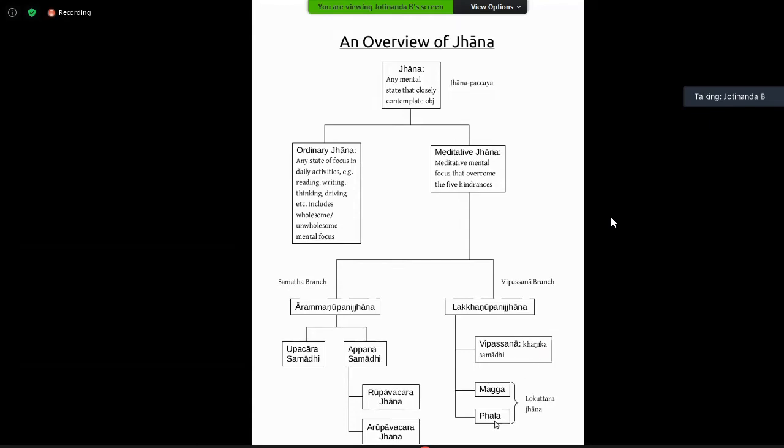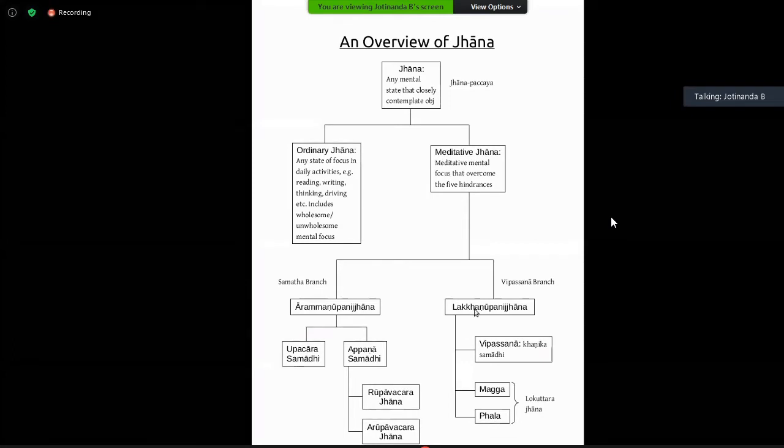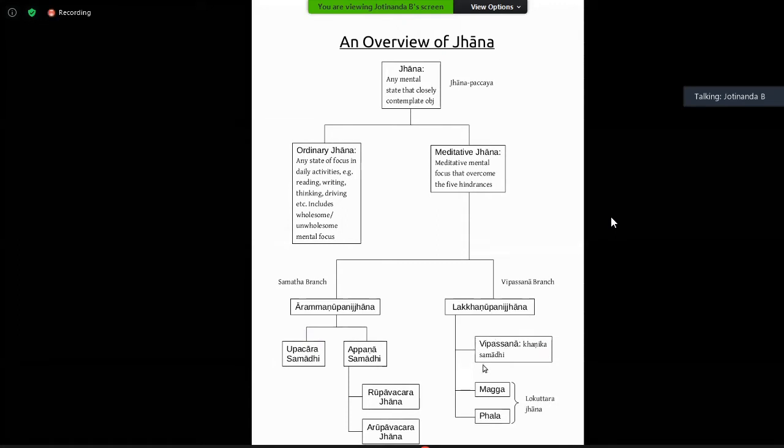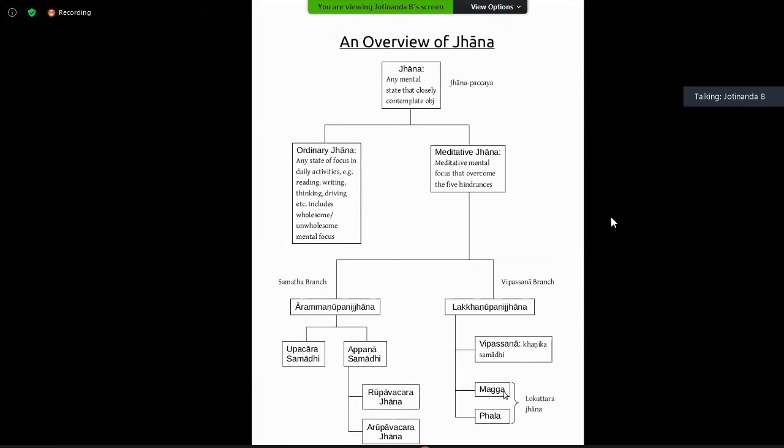And then after that, magga and phala also come under lakkhana anupanijjhana. According to the commentary explanation, magga is included because vipassana succeeds when magga arises. So your practice of vipassana is successful when you attain magga.